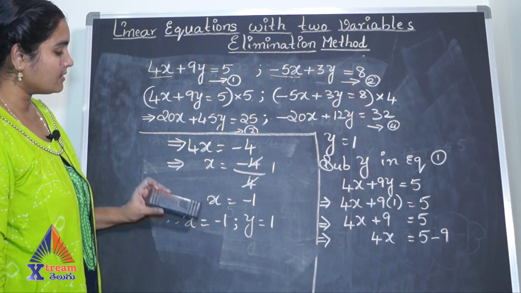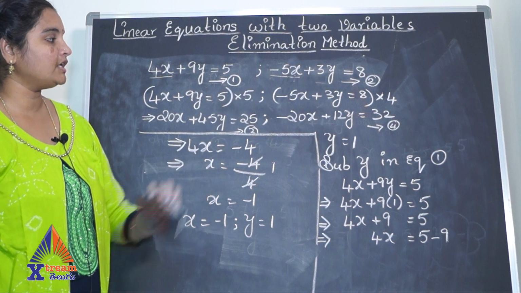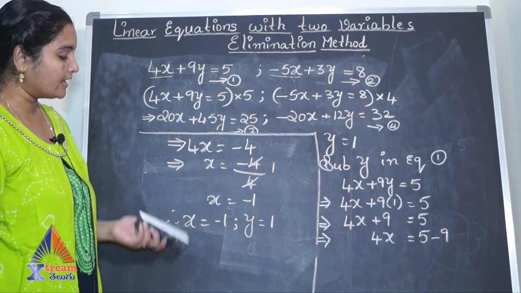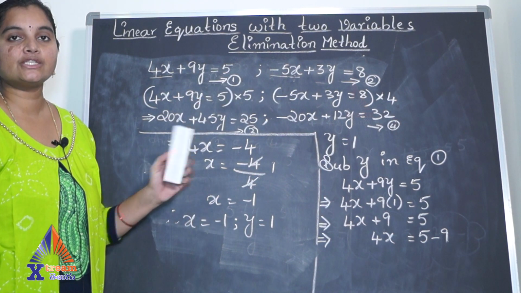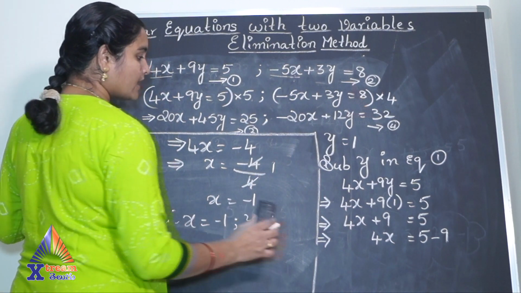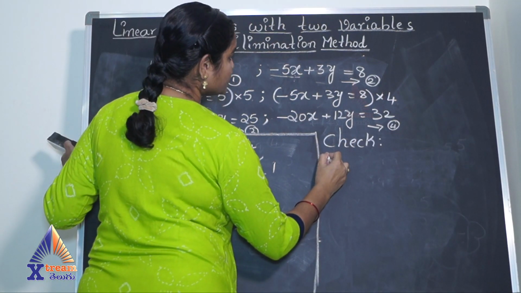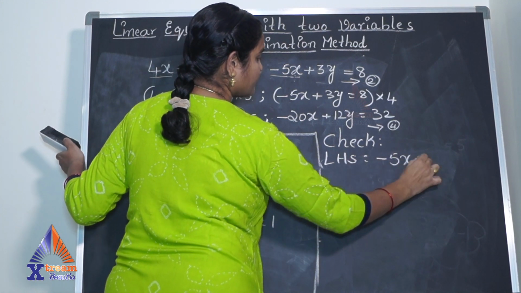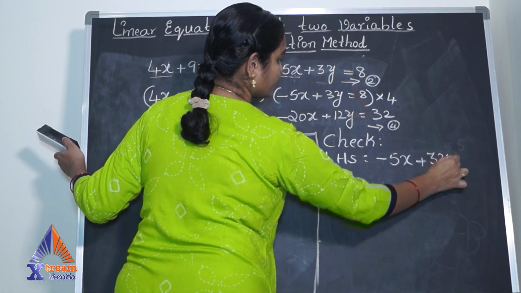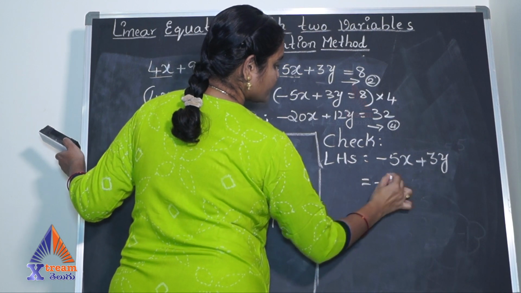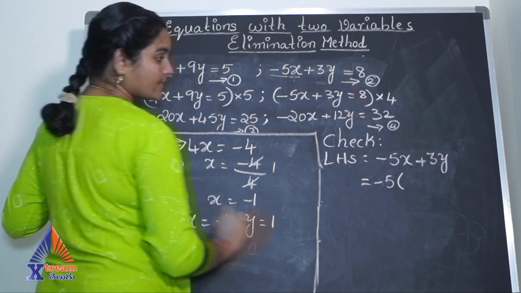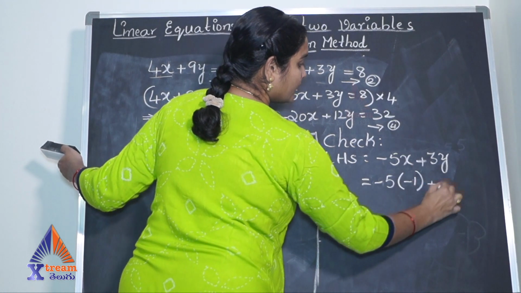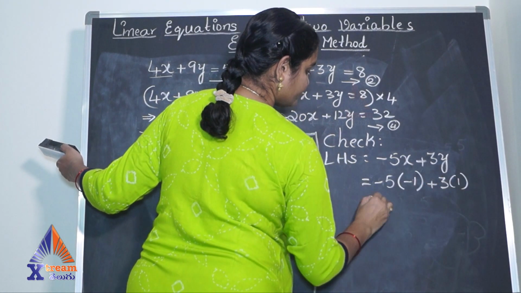Now let's check by substituting these values in one of the equations to confirm these are the solutions of these two equations. We do the checking part now. I'll take equation 2. Its LHS is minus 5x plus 3y. Now we'll substitute minus 5 into the x value we got, minus 1, and the y value we got, 1.